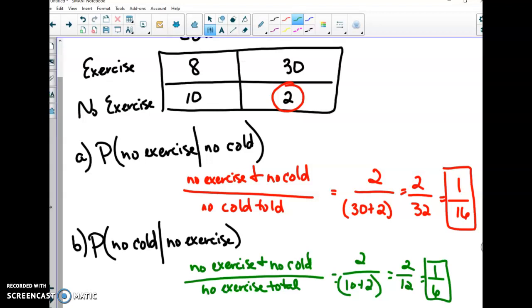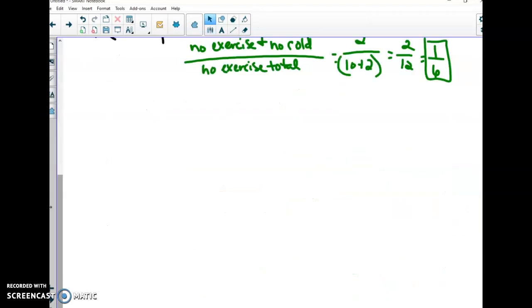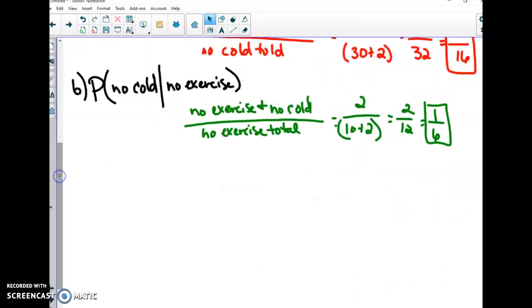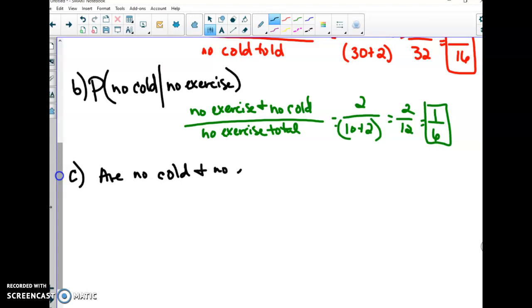Now, the last part is similar to actually what we just did on the last example. So our no cold and no exercise, independent or dependent.